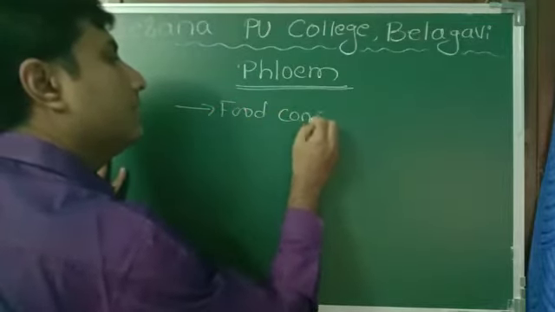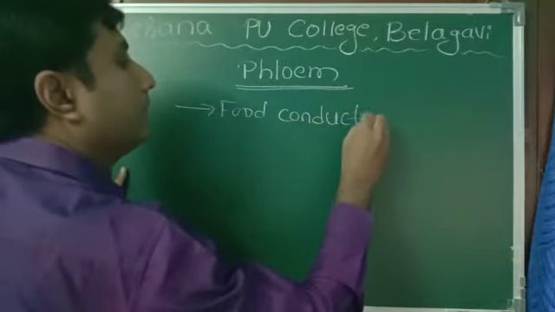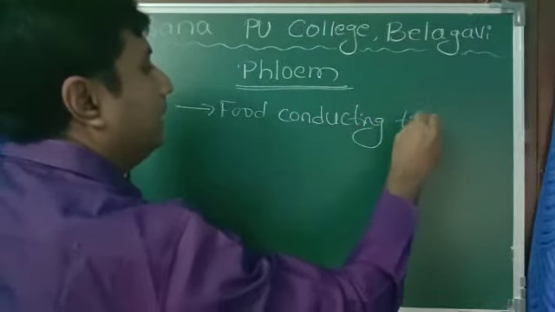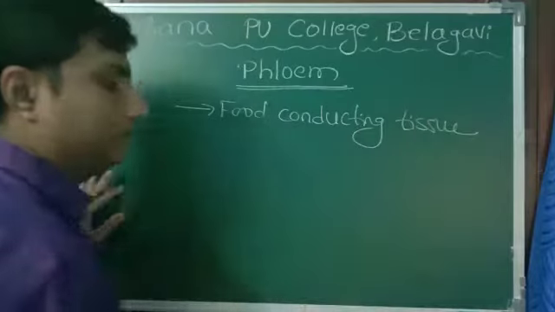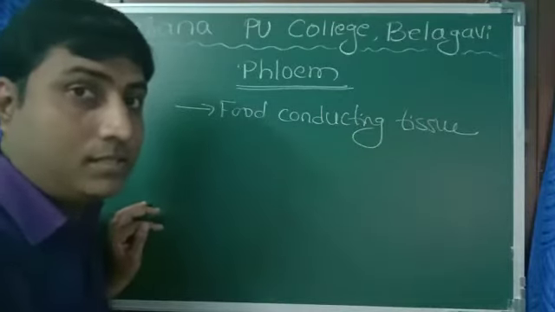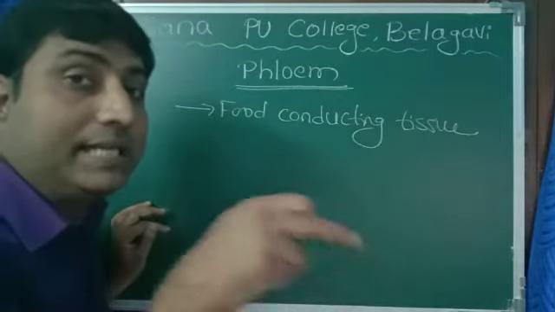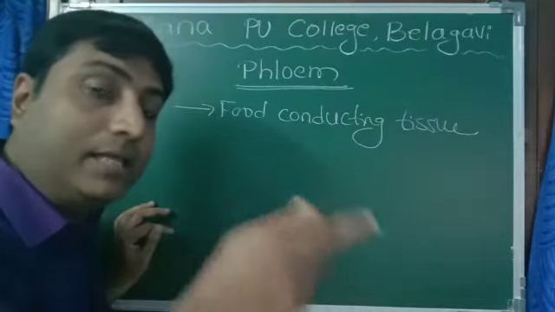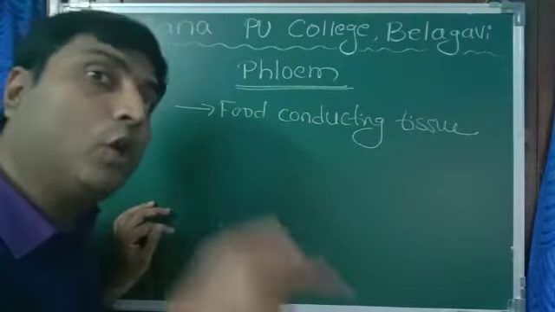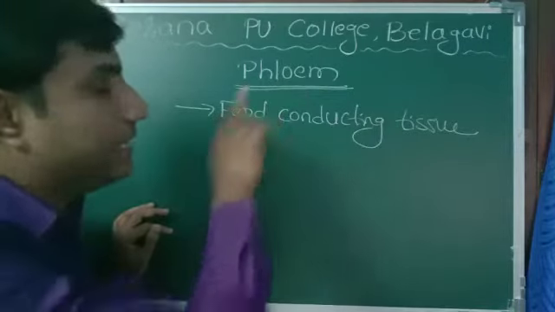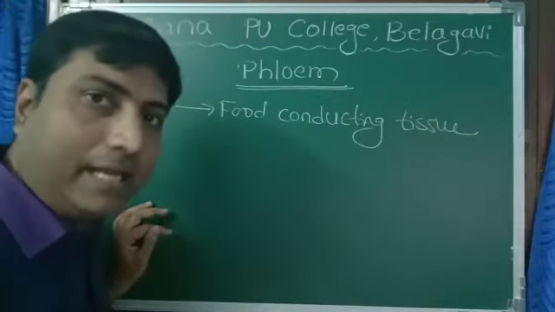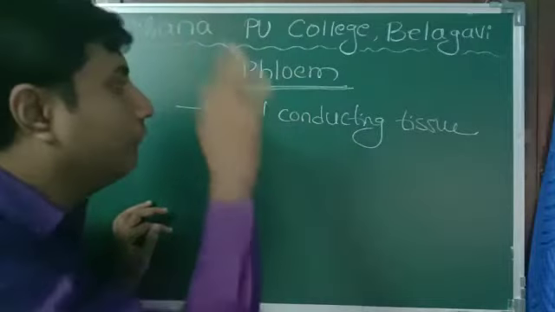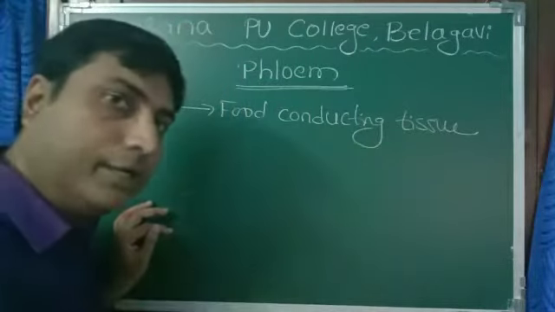The food is prepared in the leaves, the kitchen room of the plant. That prepared food should go to every corner of the plant body, and it is taken by another set of conducting tissue called phloem. So phloem is food conducting tissue.